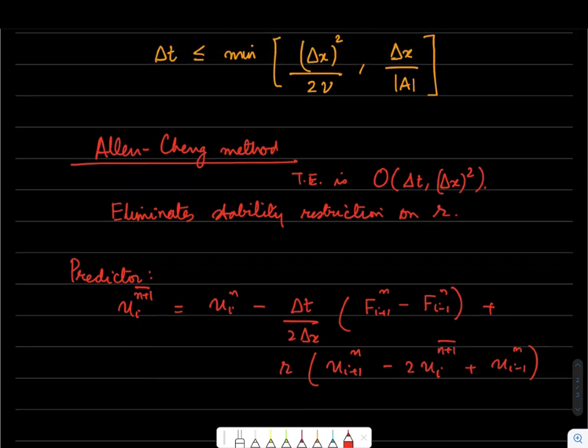Notice that this predictor step is different from the Brailovskaya method by a very small modification: the velocity here is in terms of this intermediate, or temporary, step. So this will go to the left hand side to give you the velocity at that intermediate step.